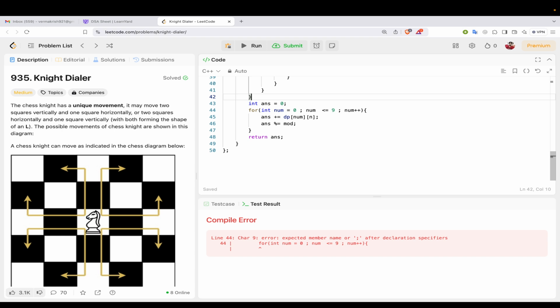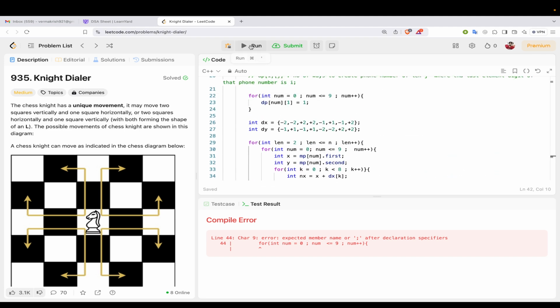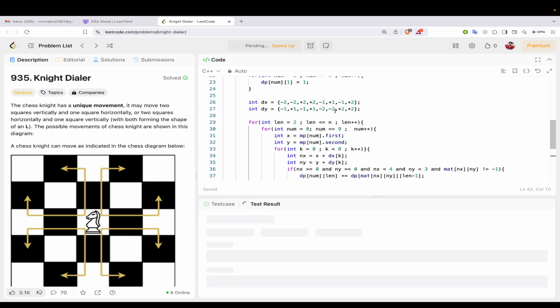Num less than equals to 9 and num plus plus. So this is correct.